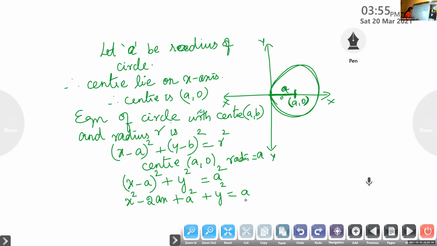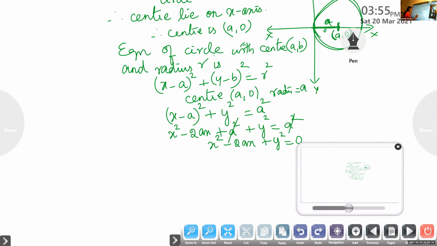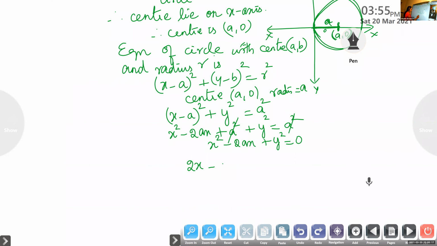Both sides a square we can cancel. So x square minus 2ax plus y square is equal to 0. Now differentiate: 2x minus 2a into the derivative of x, which is 1, plus 2y into dy by dx is equal to 0.